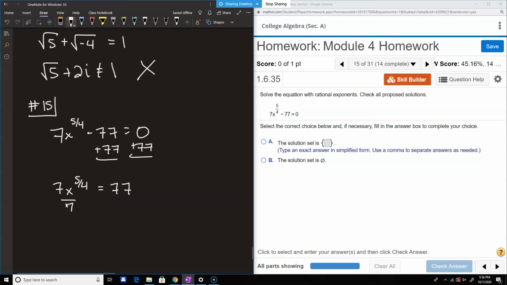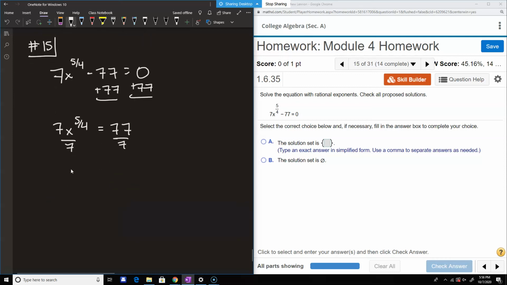So divide by 7 to get x by itself. So we have x to the 5 over 4 equals 11. And now I claim if you raise both sides to the power of 4 over 5, that will give you the answer, right? Why is that?